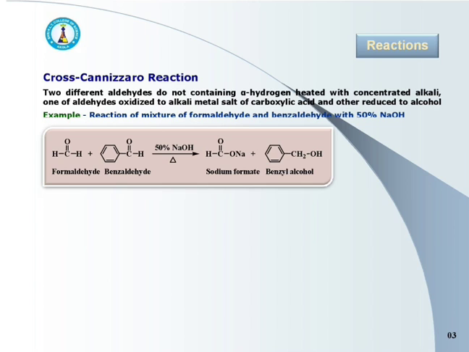An example of the cross Cannizzaro reaction is the reaction of a mixture of formaldehyde and benzaldehyde with 50% NaOH. When formaldehyde and benzaldehyde are heated with 50% sodium hydroxide solution, formaldehyde is oxidized to sodium formate, whereas benzaldehyde is reduced to benzyl alcohol.